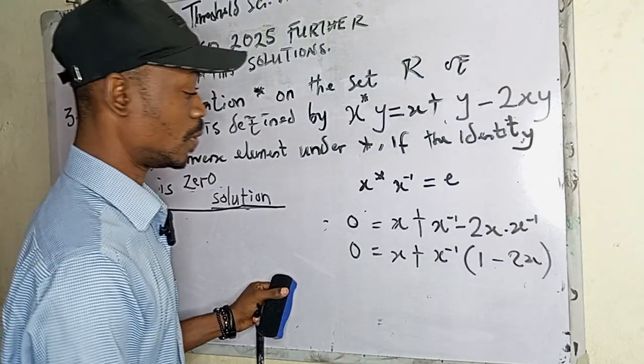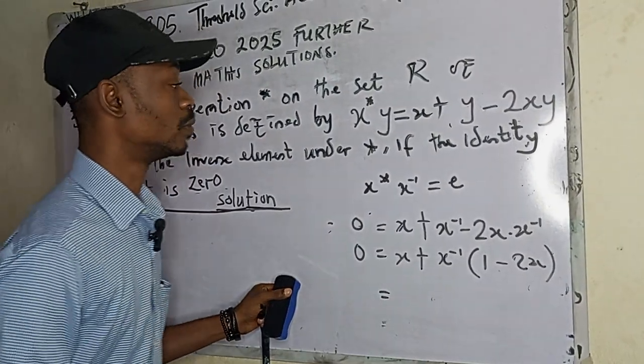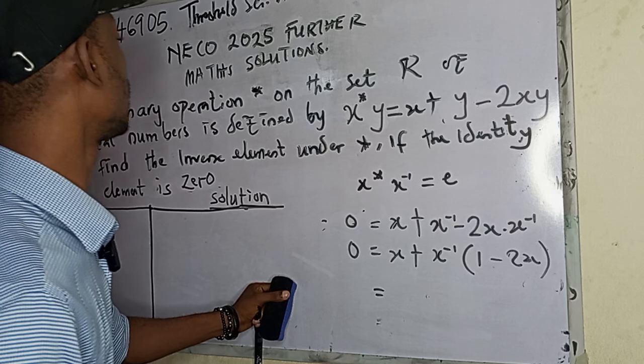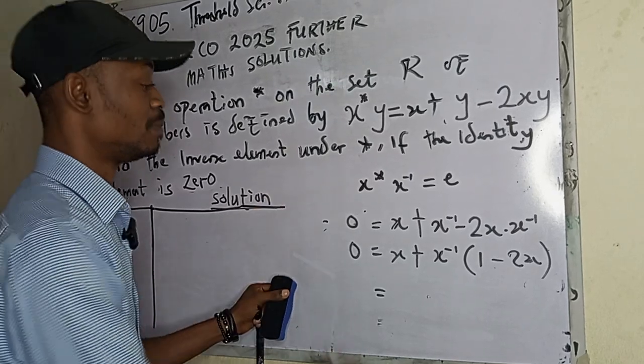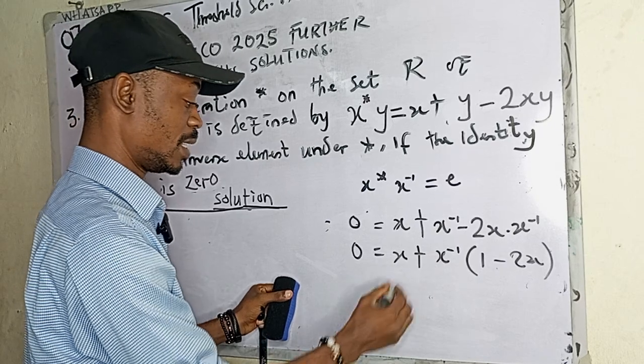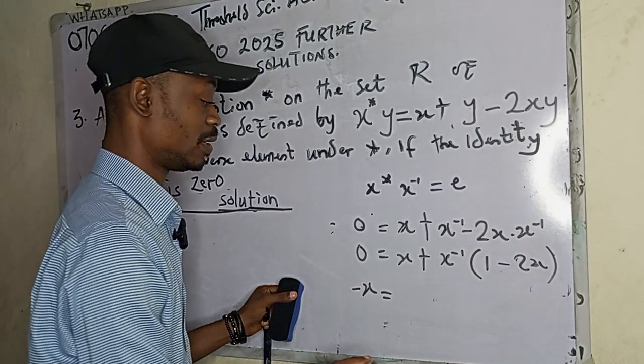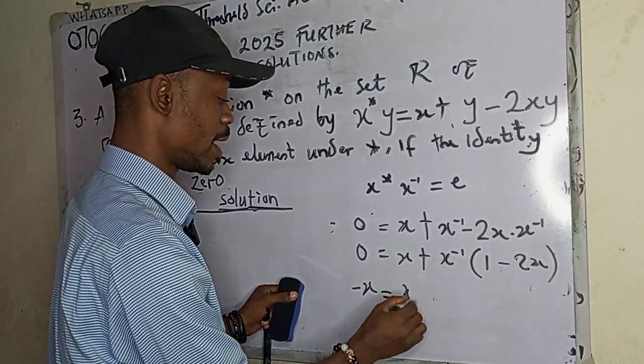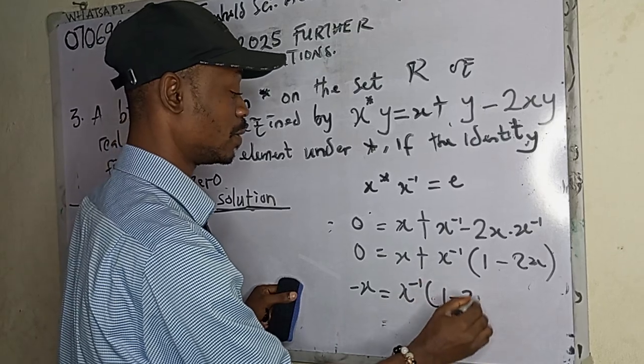We are looking for the inverse element, x raised to the power minus 1. So let's put x to this side: negative x is equal to x raised to the power minus 1 times 1 minus 2x.